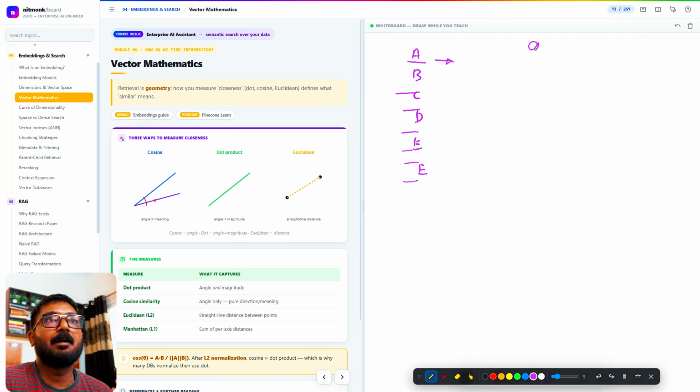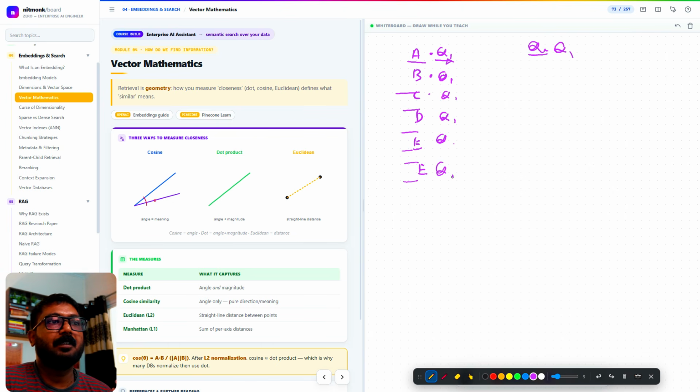Let's say you have a query Q1, and you do dot product with A and Q1, B and Q1, C and Q1, D and Q1, in a similar way, and you get these values. Say you get 9.3, 0.73, 0.26, minus 9.8, minus 6.8.